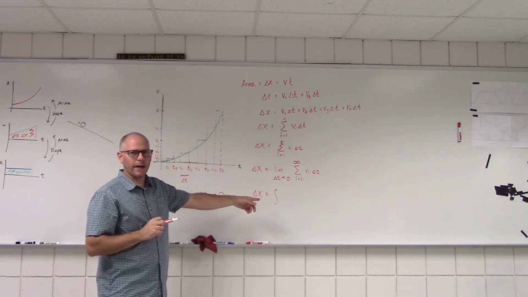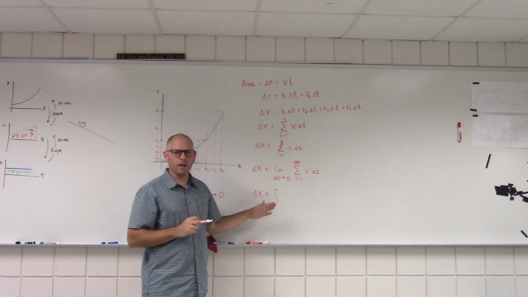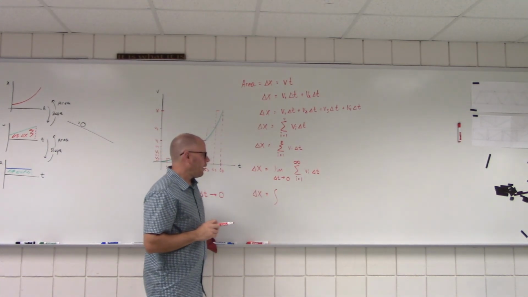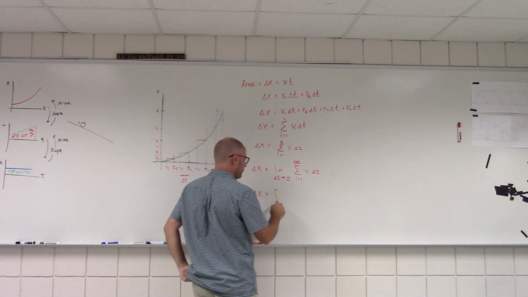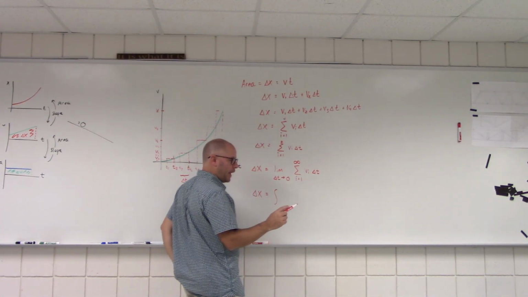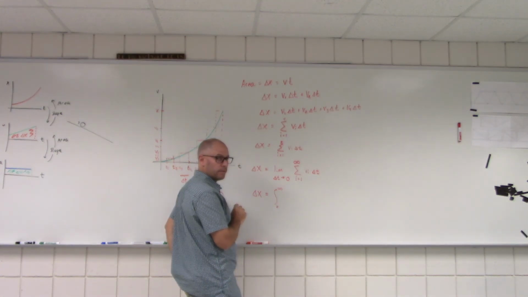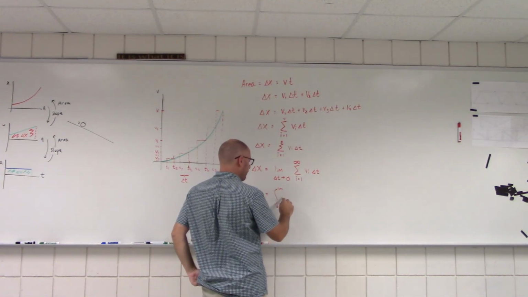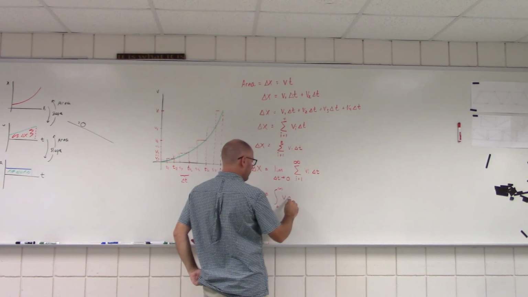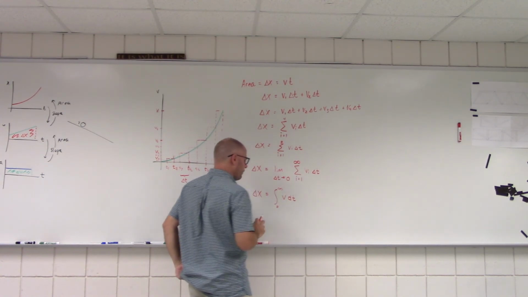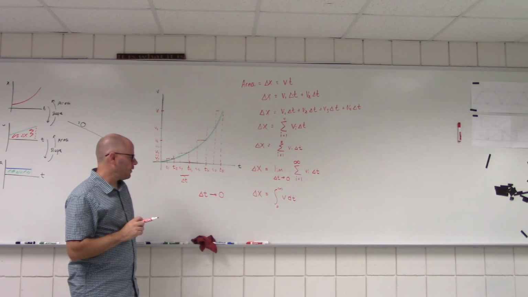We get this elongated s, it turned from a sigma into this elongated s. It implies 0 to infinity of v dt.